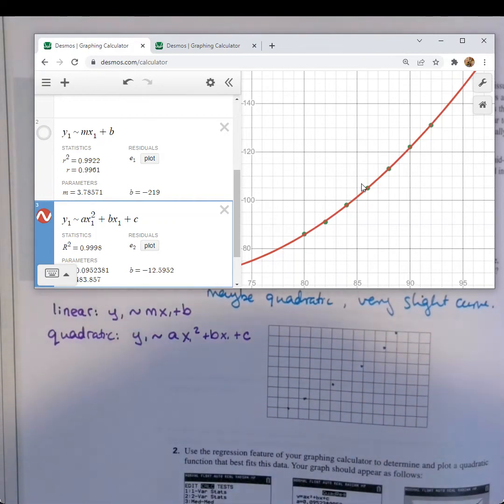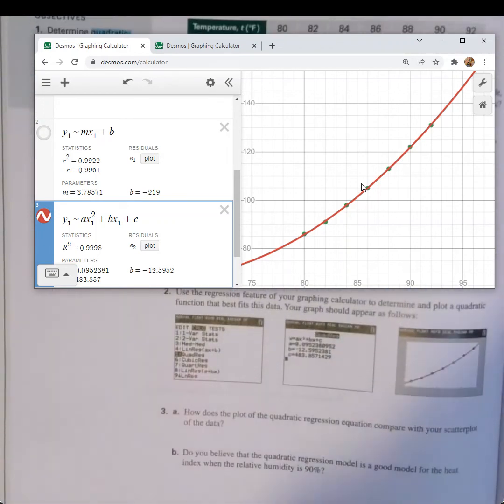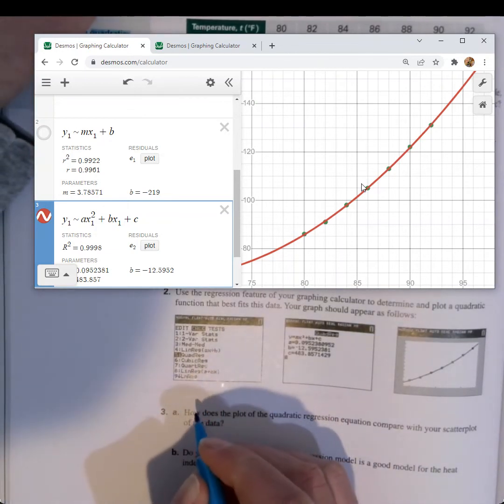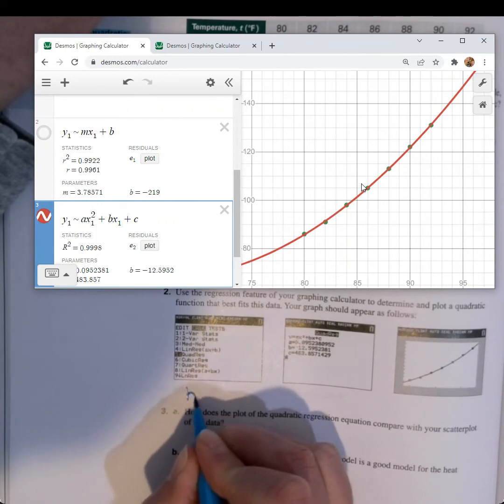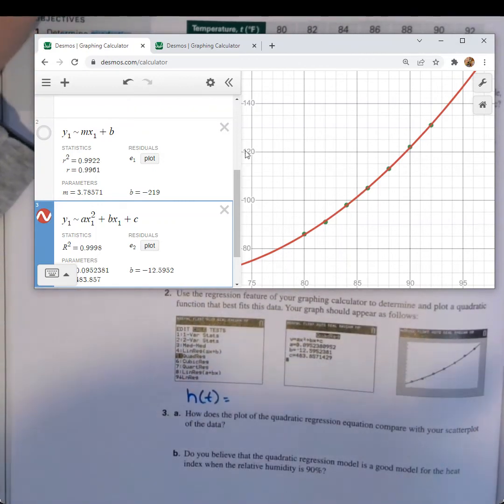Okay, so we got our model, and for number 2 they want us to do the regression equation and write our model. So our equation, heat index H of T. What's our a parameter? I have to scroll down.